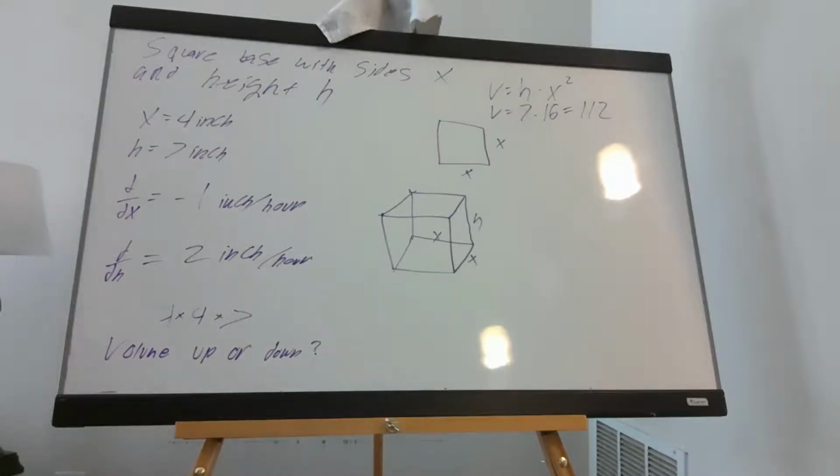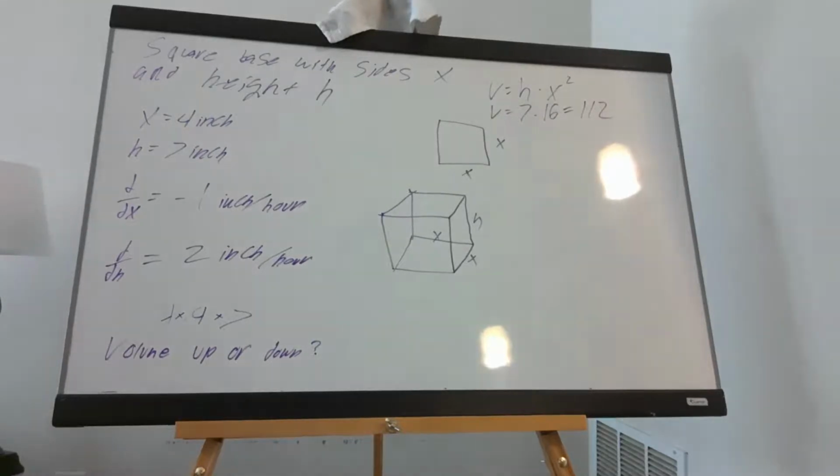So let me reread a detail from this question because it's looking unclear and I want to make sure that we have clarity. Find the rate of change of the volume of the box at the moment that it is 4 by 4 by 7. Is the volume increasing or decreasing at this moment? Oh, okay.